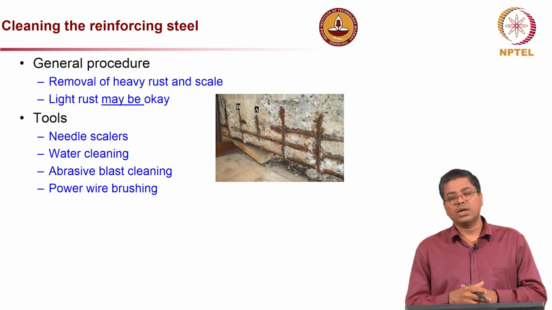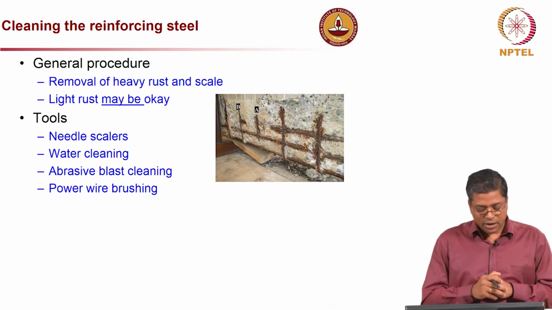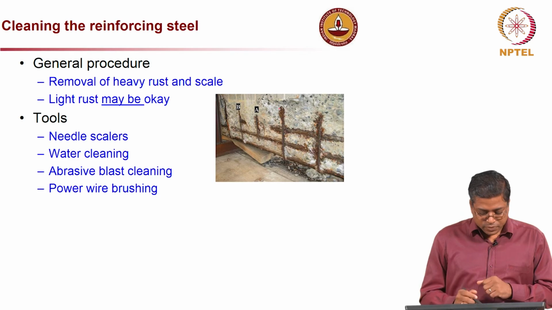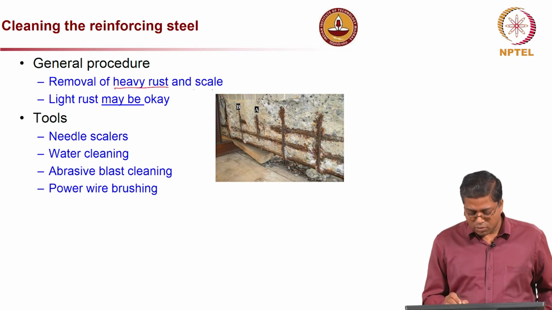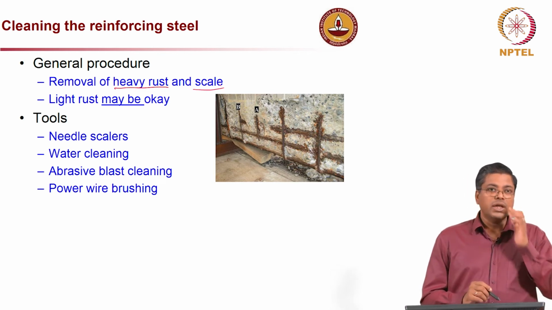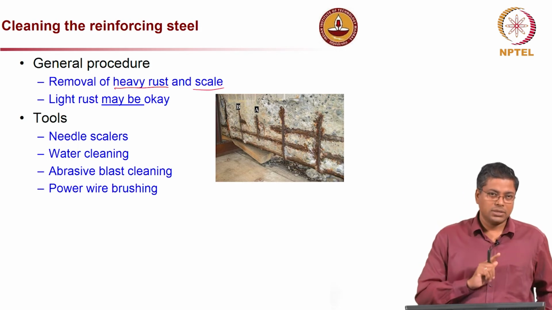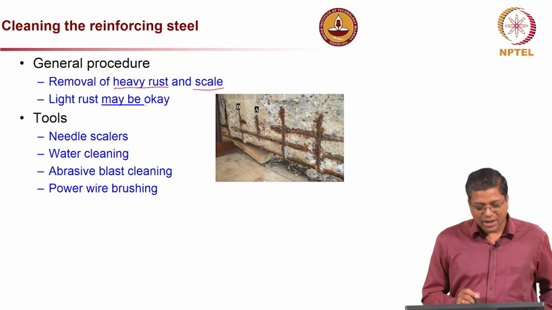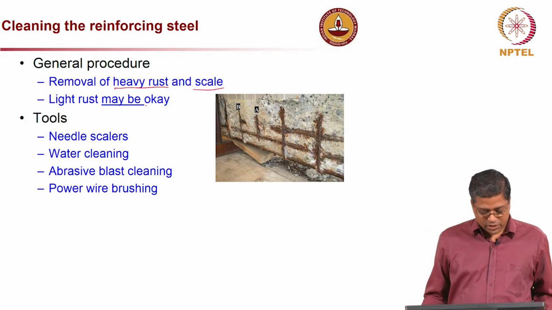You must ensure that the surface of the rebars is also prepared for the repair work. So, heavy rust, if it is there, must be removed, and scales, if there are any, must also be removed. But if there is only light rust which you can remove by hand, then slight cleaning would be sufficient in such a case.